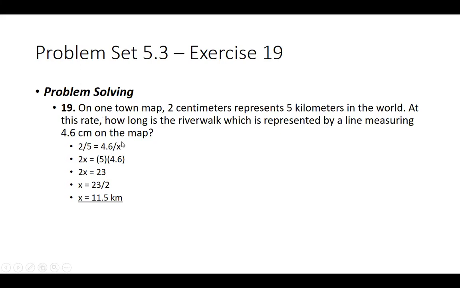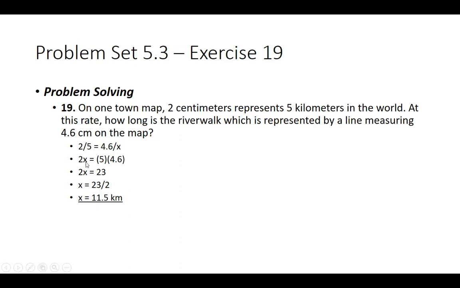At this rate, how long is the river walk, which is represented by a line measuring 4.6 centimeters? Keep centimeters on the top, 4.6. It is an unknown number of kilometers on the bottom. So 2/5 equals 4.6/x.